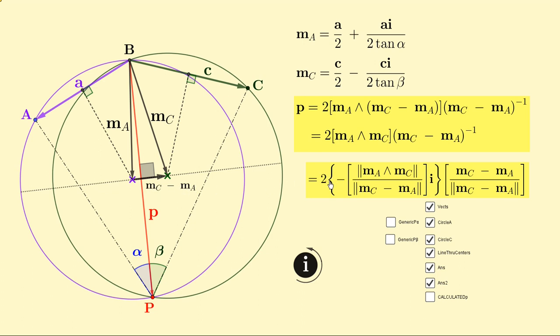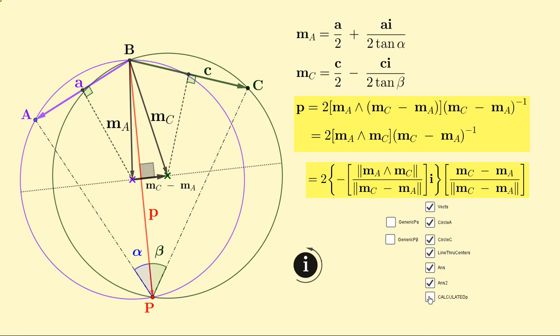And the minus sign here, to establish whether it's a plus or a minus, we have to think about a little bit when we do this transformation, but I'll leave that aside for the moment. So again, the main thing we have here is that P is a scalar multiple of the 90-degree rotation of the unit vector in the direction MC minus MA.